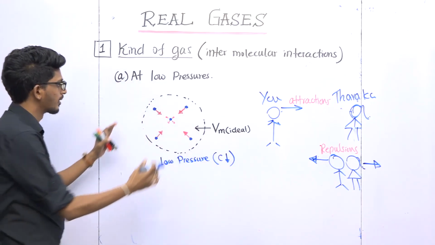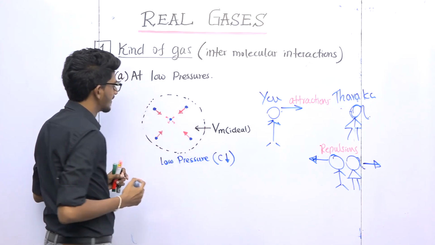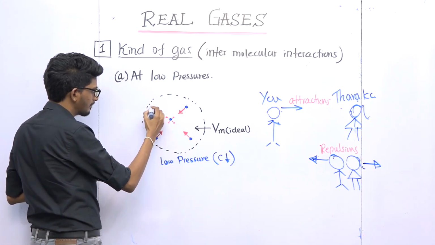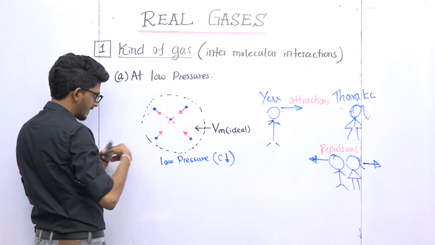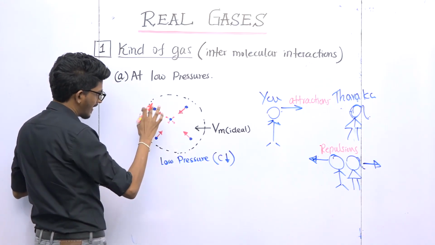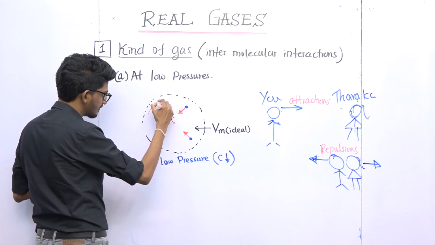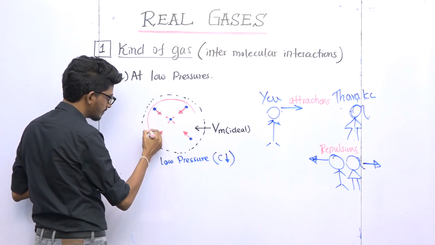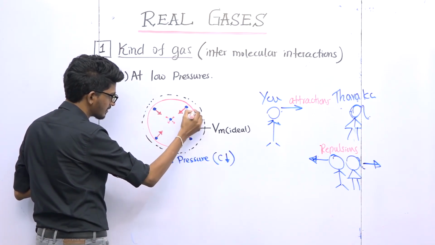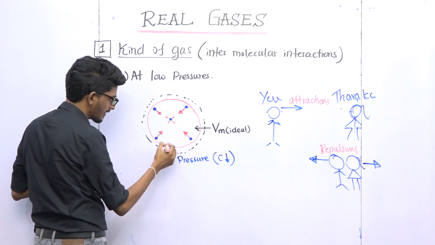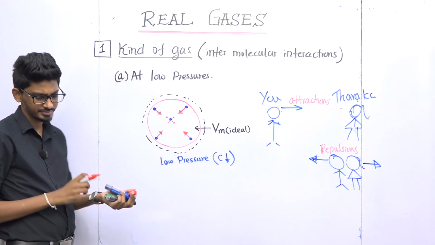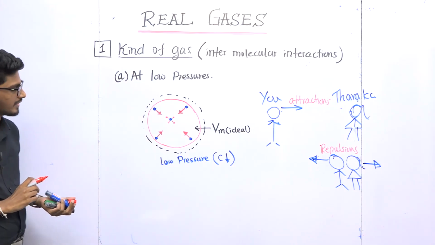Volume occupied by 1 mole of particles is now less when the attraction occurs compared to the ideal situation. So this is the real volume with attraction. This is the volume of the gas when the attractions happen. Okay, so that is the idea.